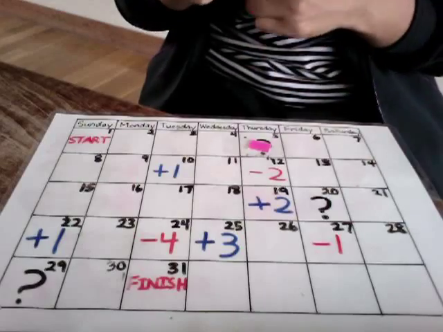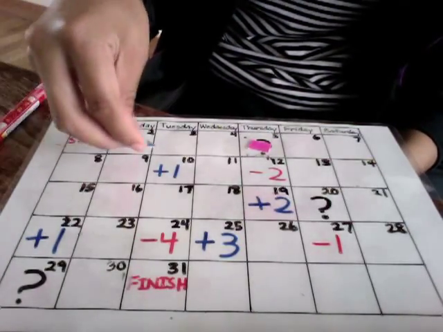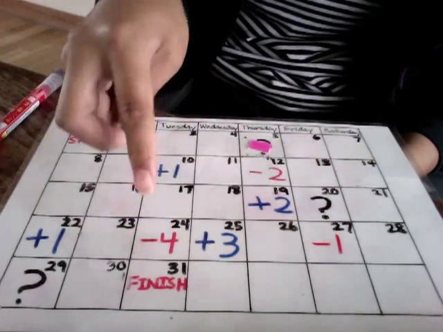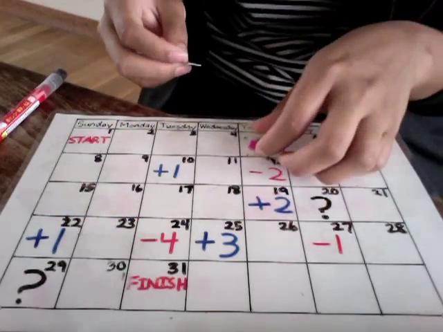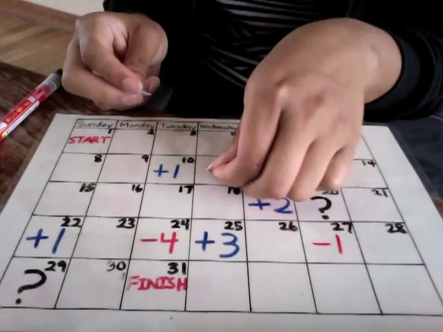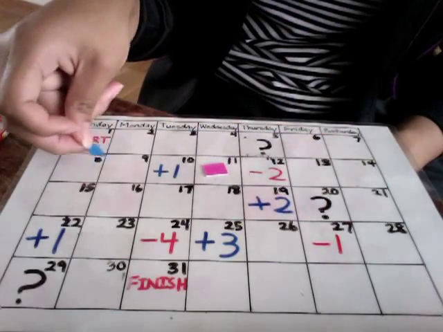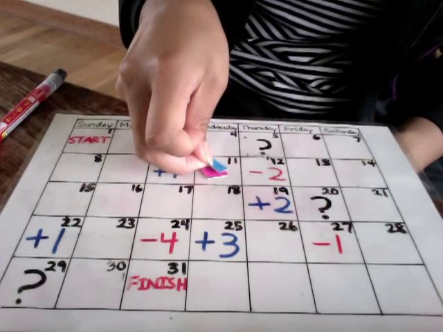These are pretty straightforward. The plus-minus spaces, basically, if you land on a spot, you get to move +1, or you have to move -4. Very, very straightforward. Another rule, say that this player rolls a number and lands on 10, and then they get +1.